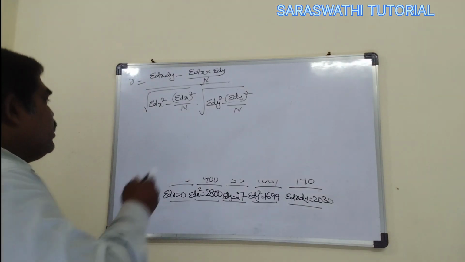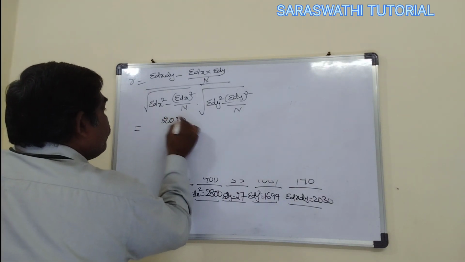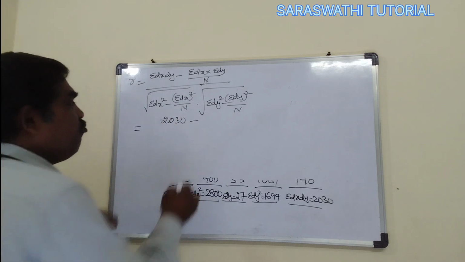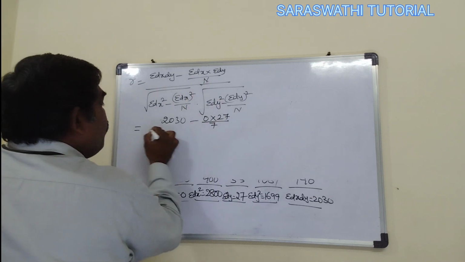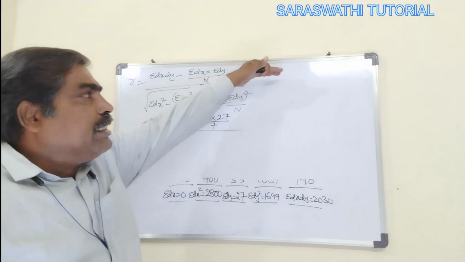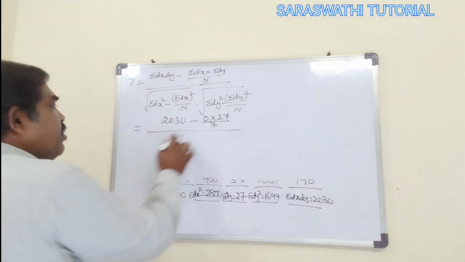So summation dx dy, whatever the value, 2030, minus summation dx, what is the value? 0, into summation dy by n. Number of observations, just count them in the question: 1, 2, 3, 4, 5, 6, 7 observations are there, so divided by 7.